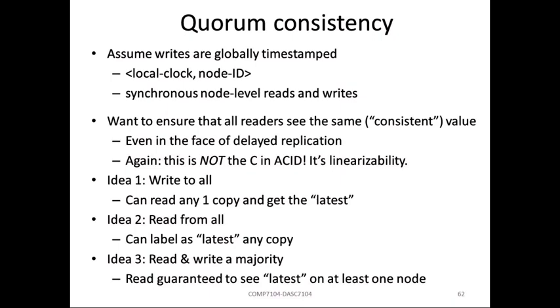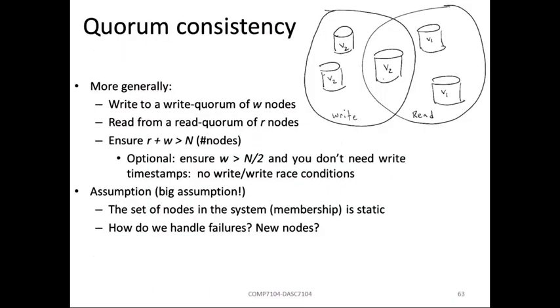And these are extreme cases of having quorum consistency, and in between, we just have to make sure that we read and write from a majority. And that will be enough to guarantee that a read operation will see the latest value on at least one of the nodes, in at least one of the copies of that replicated piece of information.